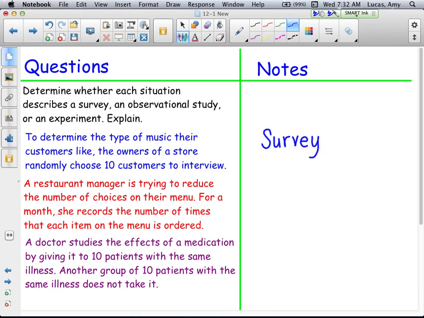So that's a survey. The second one, a restaurant manager is trying to reduce the number of choices on their menu. For a month, she records the number of times that each item on the menu is ordered. So she's not telling anyone what she's doing. She's not telling her customers, hey, you better order that or I'm taking it off the menu. She's just observing. So this is an observational study.